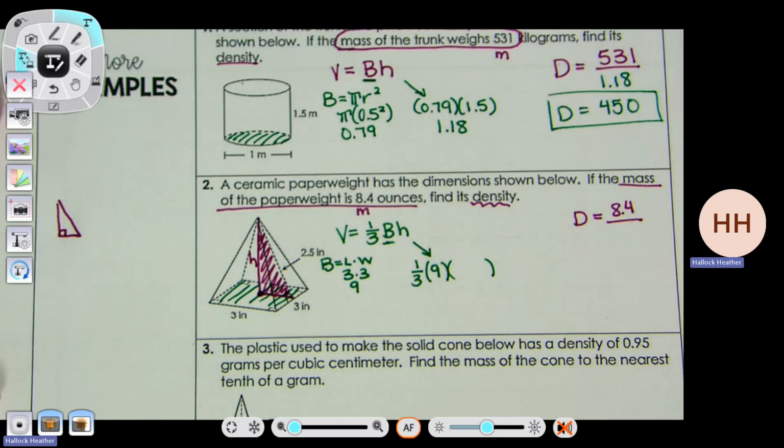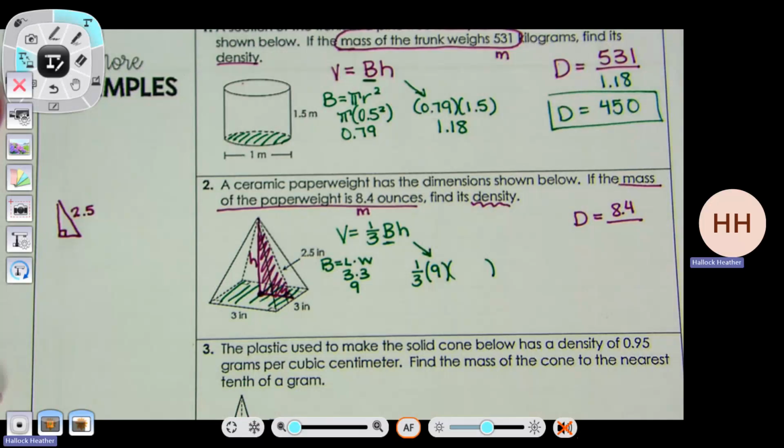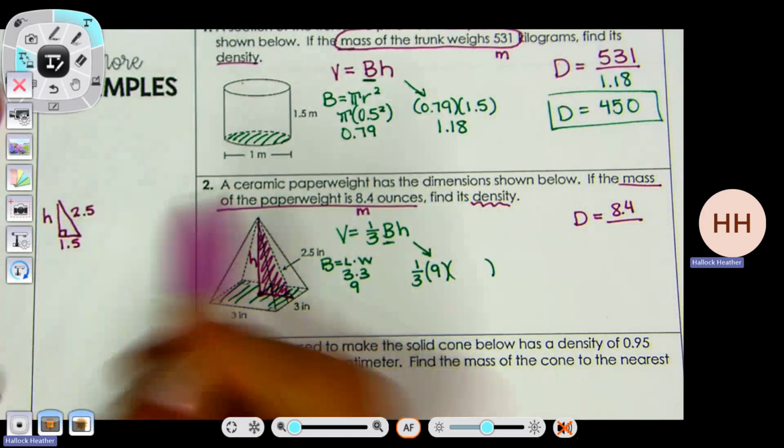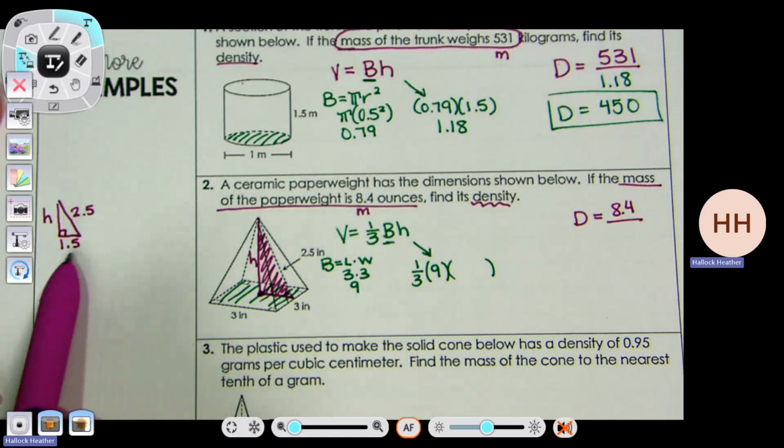So for the right triangle, what's the hypotenuse? 2.5. I don't know the height, so that's just h. What's the bottom? 1.5. The reason why is because if the whole length is 3, it would be half because it's going from the center to the side. So take a second.